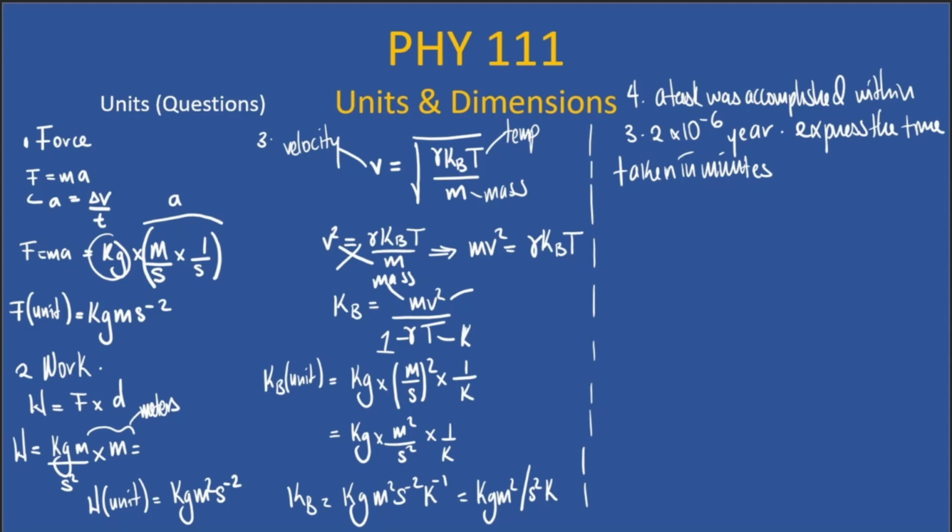If we know that there are 365 days in a year, then we can just go from years to days. I'll explain what I mean. And here you see why it's rather important to understand your units. So we're looking to convert 3.2 times 10 to the power minus 6 years to a time in minutes.